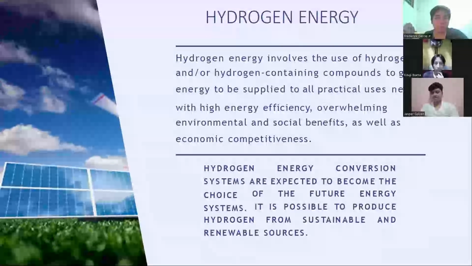It has overwhelming environmental and social benefits, since the byproduct of using hydrogen energy is oftentimes just water, as well as economic competitiveness, since the only economic cost of hydrogen energy would be the production of hydrogen itself, which is actually very easy to do, as we will see later. Hydrogen energy conversion systems are expected to become the choice of future energy systems. It is possible to produce hydrogen from sustainable and renewable sources.